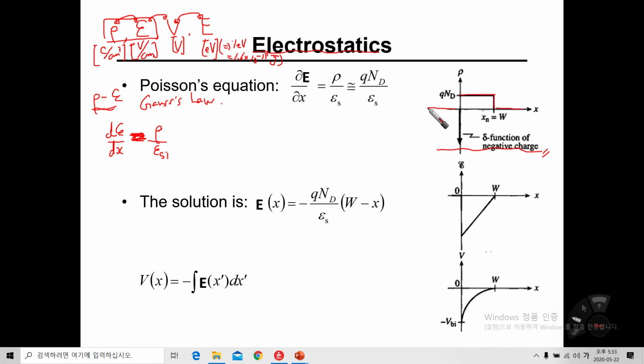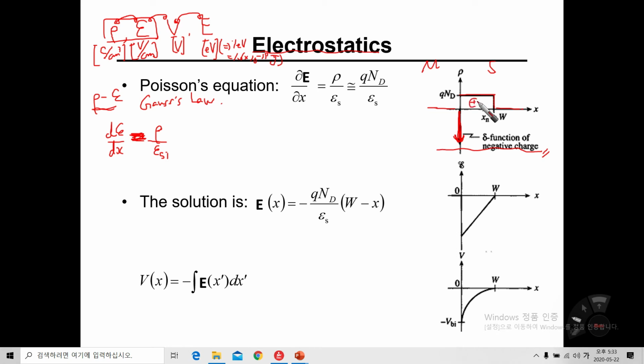One thing I forgot to mention in the last slide is this delta function. What is this? Now we have an MS contact, and we put our focus on the semiconducting part. However, take a look at the metal side as well.